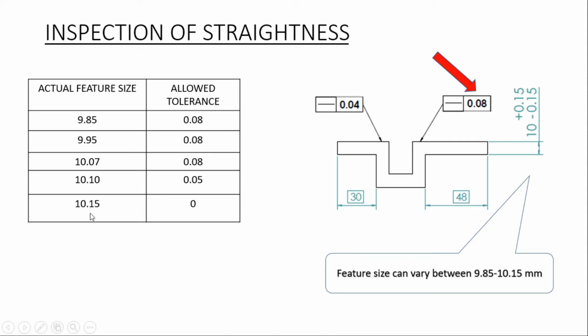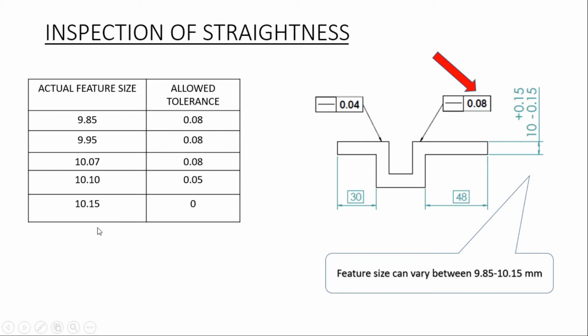In the other case, if the feature is measured at 10.15, that means at maximum material condition, then we have a zero tolerance of straightness. We don't have any tolerances. This one is called Rule number 1 in GD&T, which says that the feature of the part should retain its perfect form envelope when it is manufactured at its MMC.